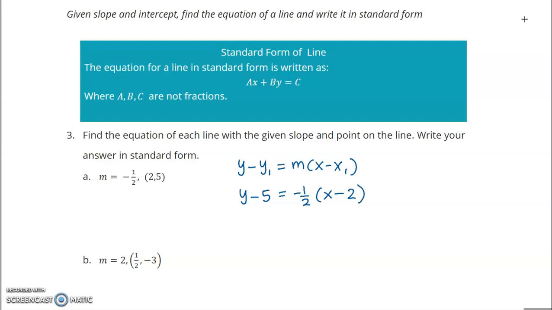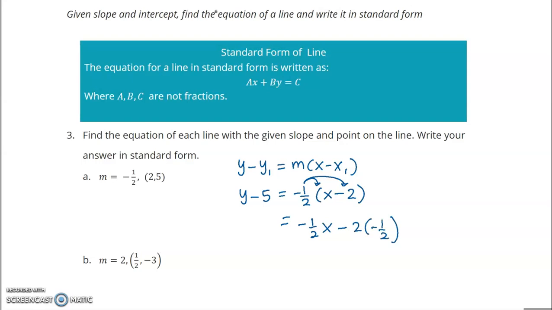And we simplify this. We distribute this first. Inside the parenthesis, that is equal to negative 1/2 x minus 2 times negative 1/2.